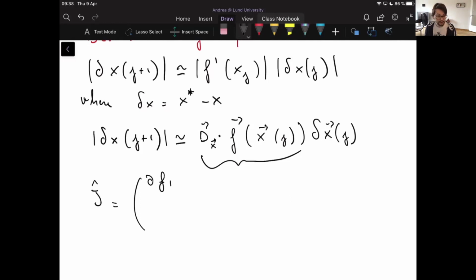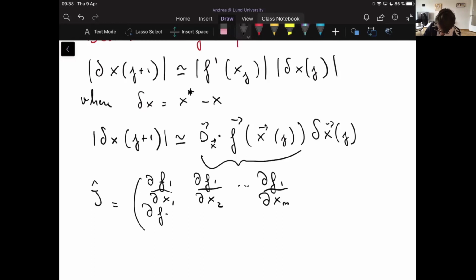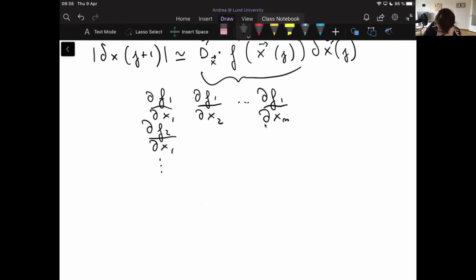So this Jacobian would be simply a square matrix where I have the derivative of f1 with respect to x1, the derivative of f1 with respect to x2, and so on and so forth, up to the derivative of f1 with respect to xn, and then I have the derivative of f2 with respect to x1. Dots, and then I have the derivative of fn with respect to x1.